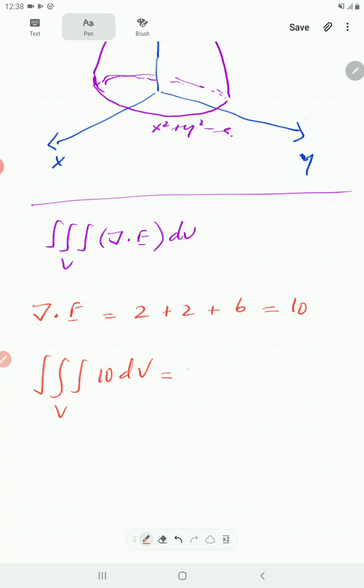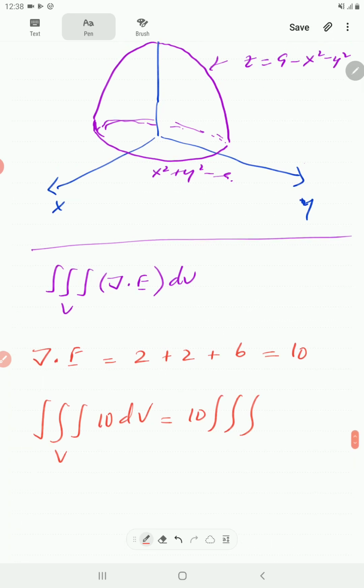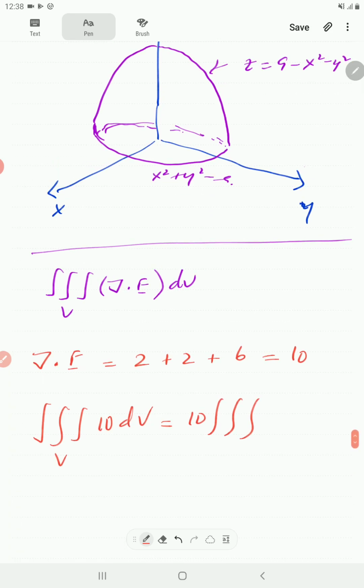If we employ cylindrical polar coordinates, then we can integrate this from z equals 0 to this top surface there. So it's going to be from 0 to 9 minus r squared. Then we can integrate with respect to r from 0 to 3.